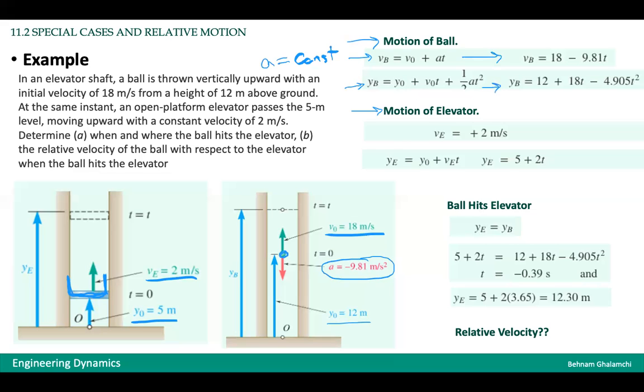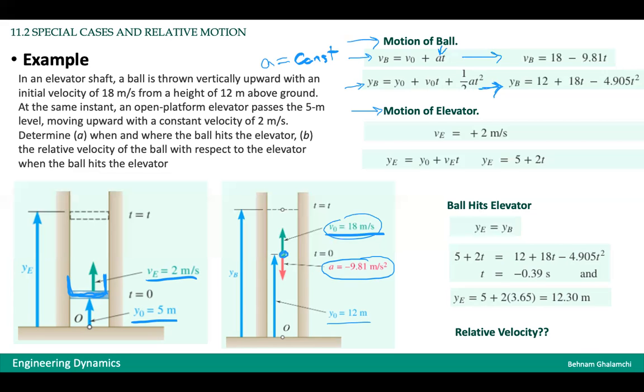The initial velocity of the ball is given, it's 18, and this is the gravity acceleration, negative 9.8. So we are able to find the velocity of the ball. We can do the same for the elevation of the ball, the position of the ball, using that formula and then updating the values. Initial position is 12 meters, velocity is given 18, acceleration is 9.8. Okay, that is the ball motion.